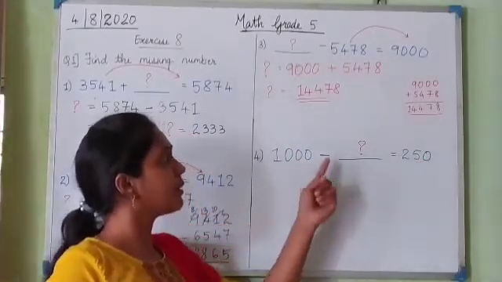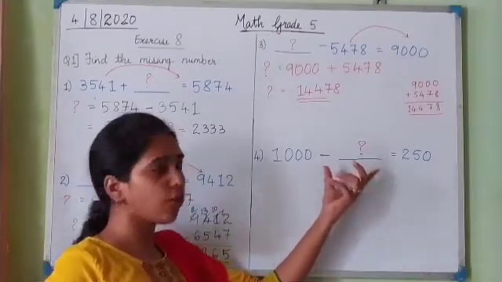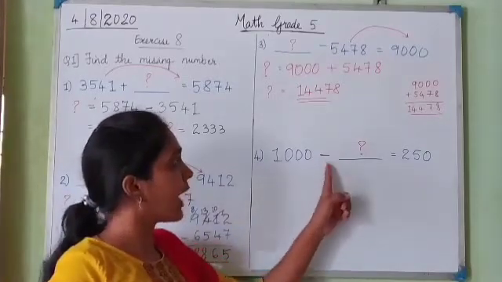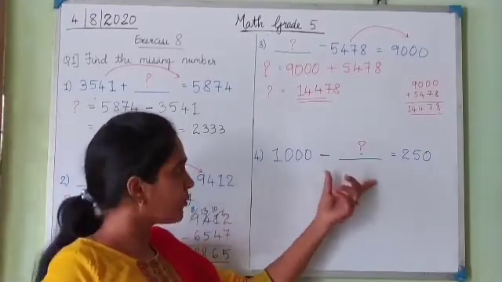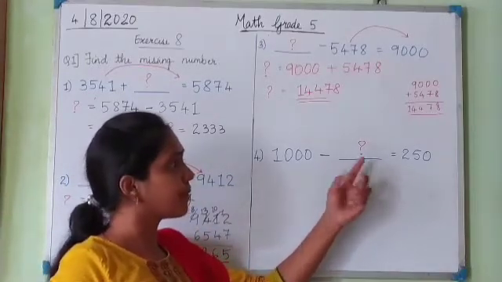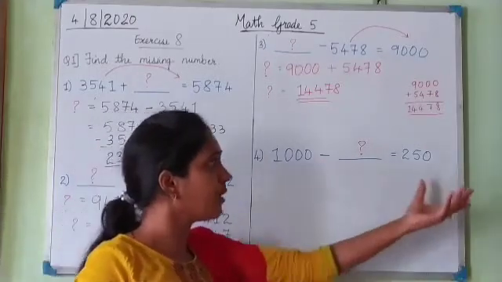But this missing number is having a negative sign on it. So this number has to be made positive, that means this number should have a positive sign. So what do we have to do? If the missing number is having a negative sign, then we take that number to the other side.